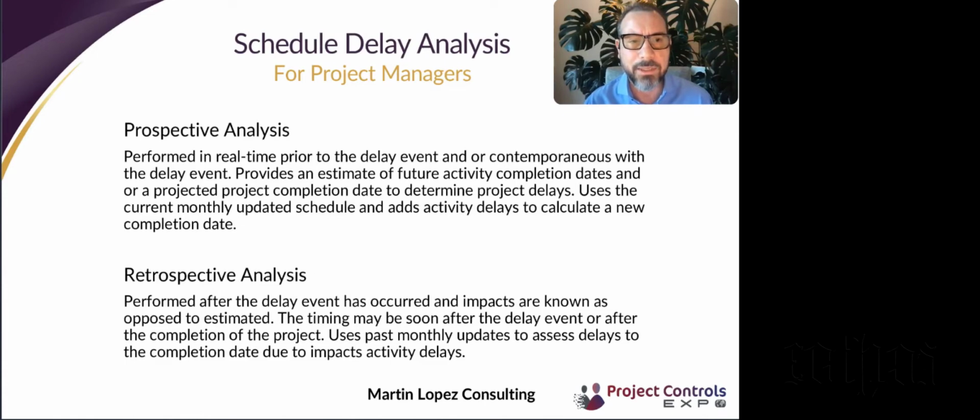This prospective analysis method provides an estimate of delay because the delay has not been completed or the event has not been completed. So typically there is an estimate of how much it would take to complete the extra work or the issue that is delaying the project.